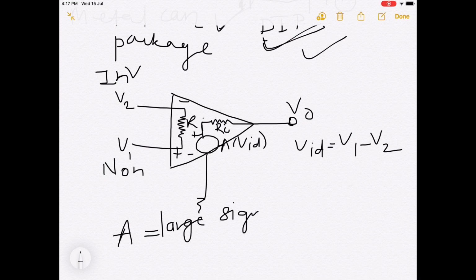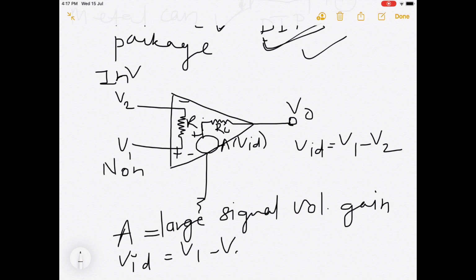VID is, as I told you, V1 minus V2, the difference voltage, where V1 and V2 are the non-inverting and inverting voltages. So this is the equivalent circuit of the op-amp. Ri is the input resistance, RO is the output resistance, and VD is the difference voltage V1 minus V2.